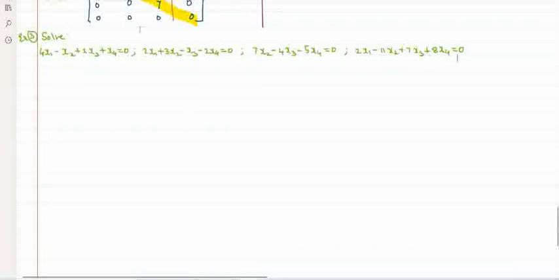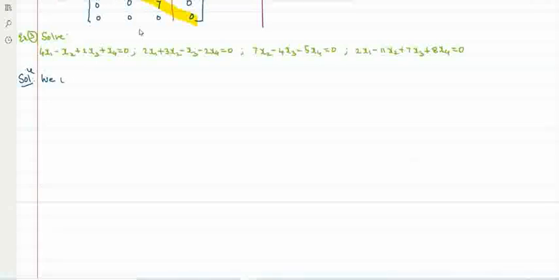First write in the matrix form. We write 4 equations in 4 unknowns.